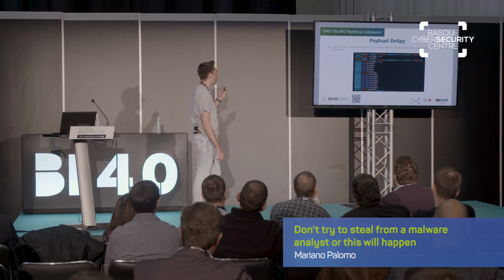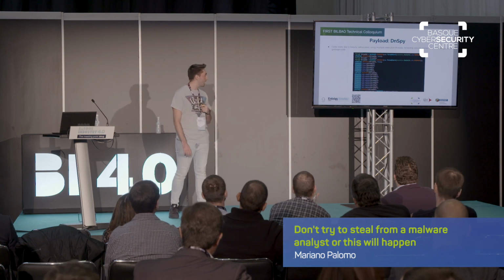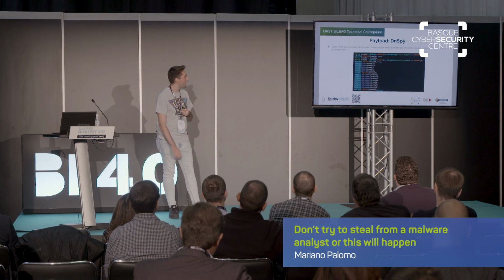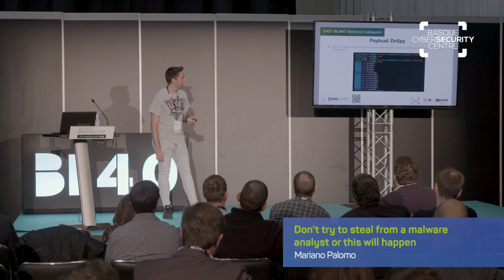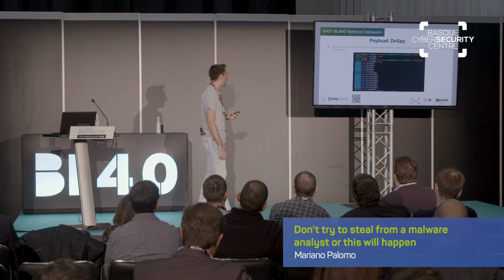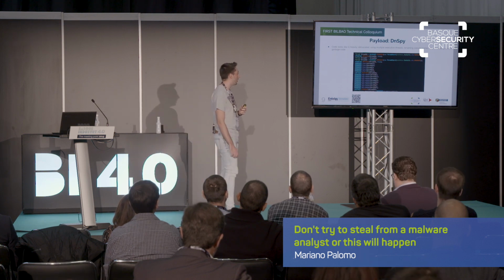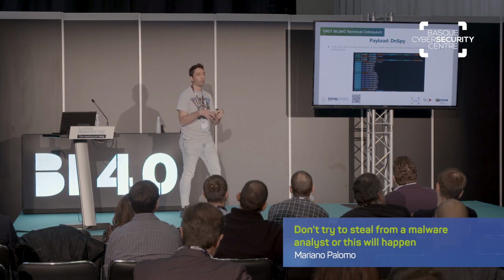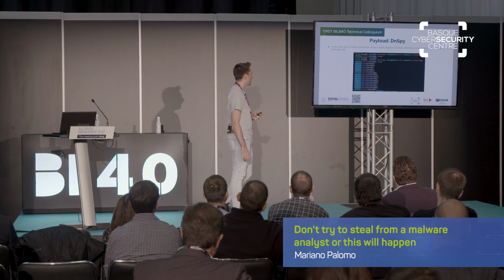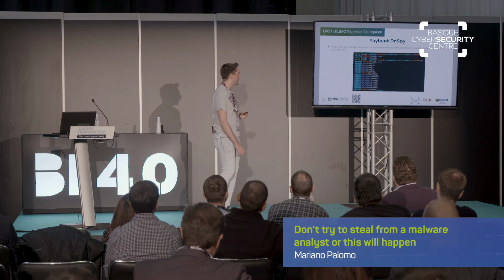So I loaded the binary there, and I quickly discovered that the code was heavily obfuscated. There are many pieces of obfuscation there, but it was a custom obfuscator. There was no known software used there.